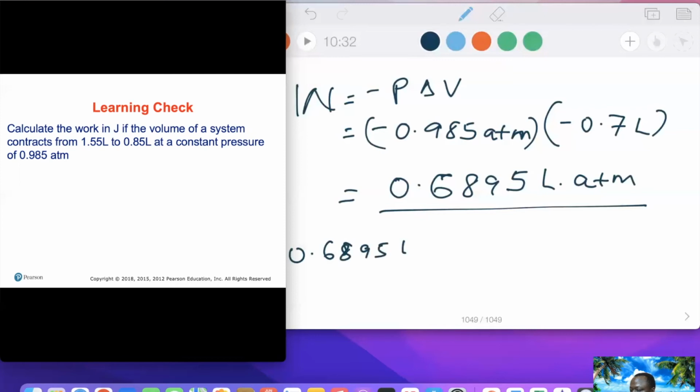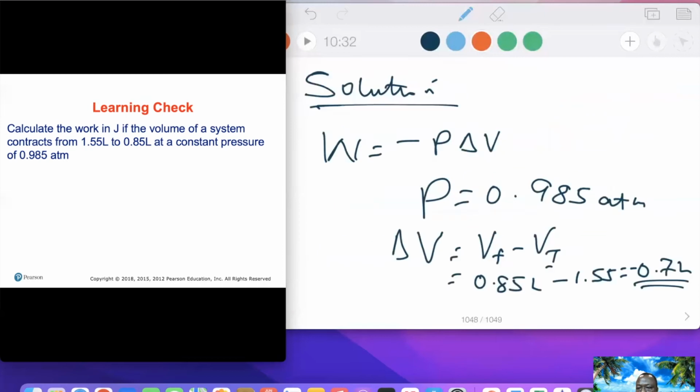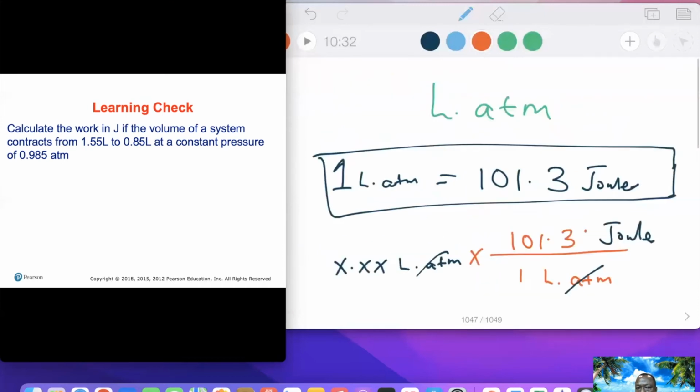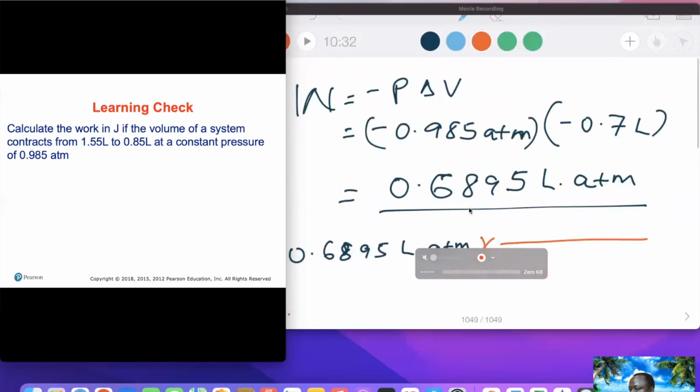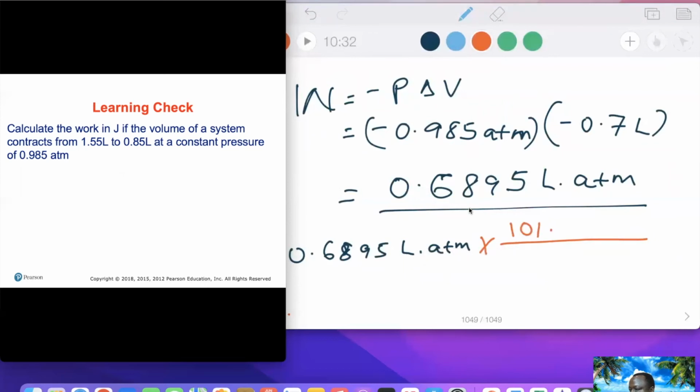0.6895 liters times atmosphere. Remember our conversion factor, you'll be given this conversion factor: 1 liter times atmosphere equals 101.3 joules. So it's going to be 101.3 joules per 1 liter times atmosphere, so atmosphere and atmosphere cancel, liter and liter cancel.